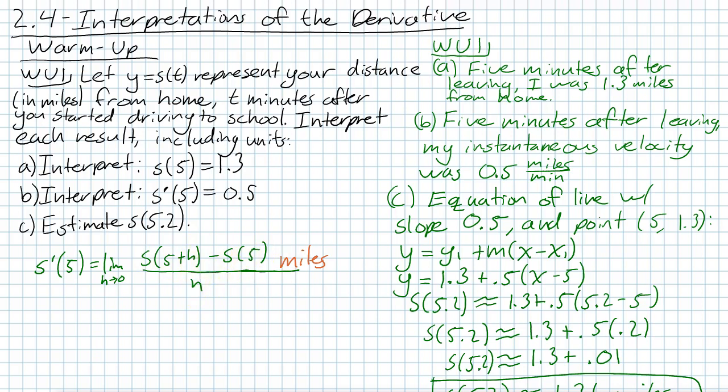So h represents a change in the number of minutes. So when you get a smaller and smaller change in the number of miles with a corresponding small change in the number of minutes, and you divide them, you get miles per minute. So that's why this means 5 minutes after leaving, my instantaneous velocity was 0.5 miles per minute.